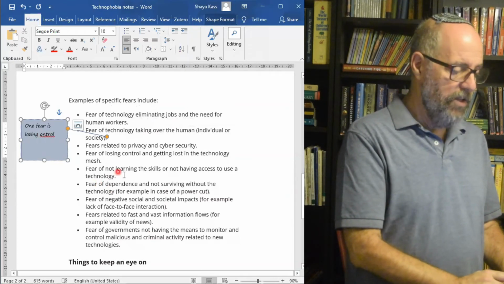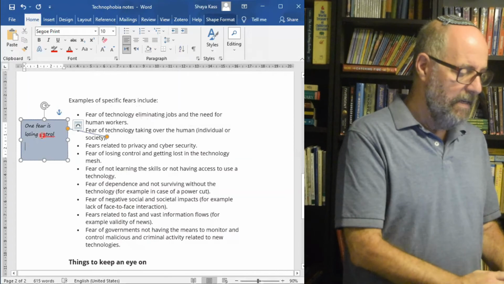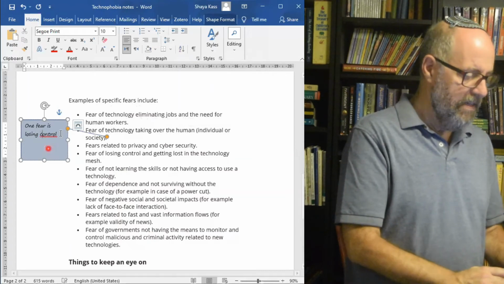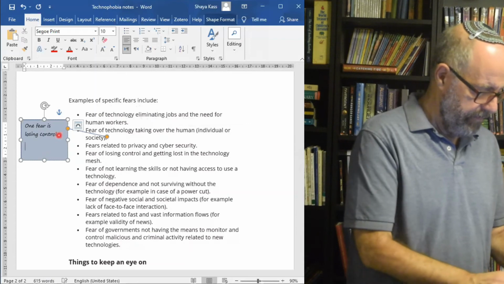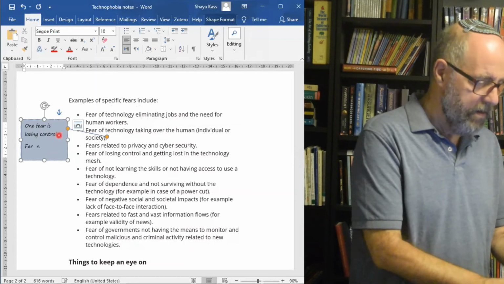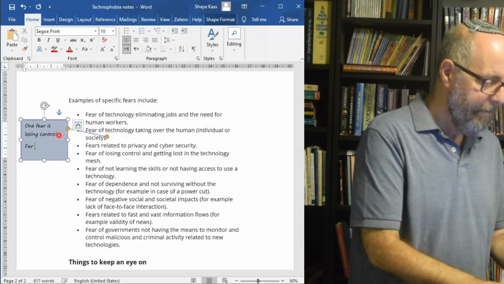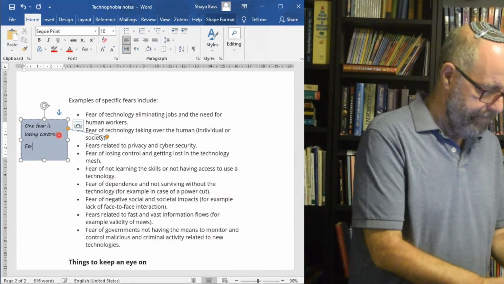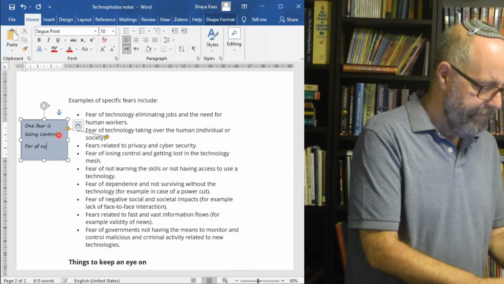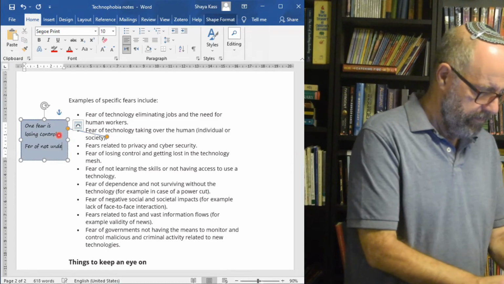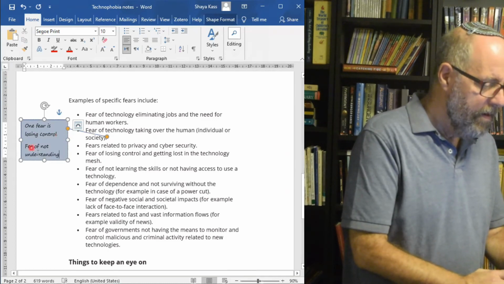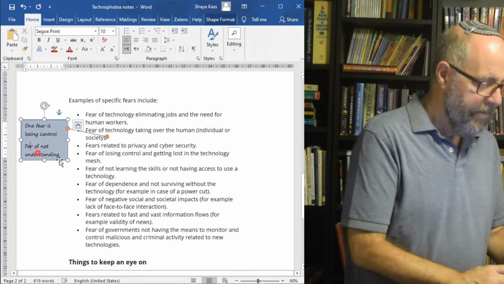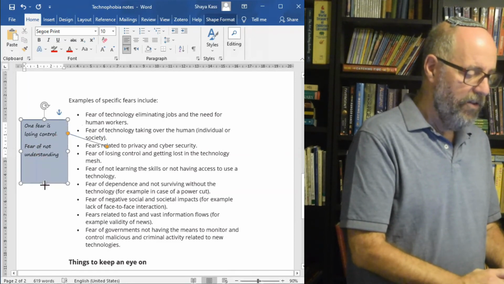Dependence and not learning the skills, basically I would put those together as: I can't understand it. So fear of not understanding is another fear that people have.